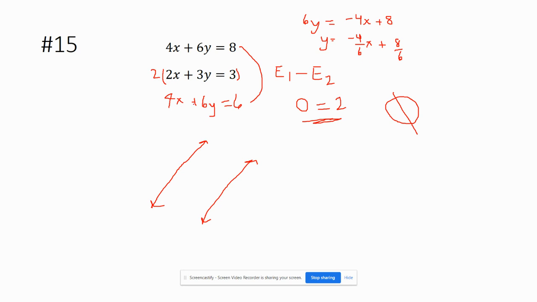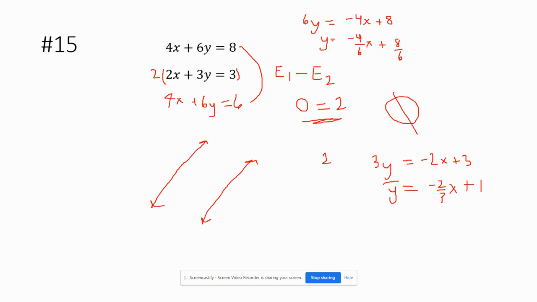Because if we do the same thing with the other equation, we'd have 3y. If we subtract 2x on both sides, we get negative 2x plus 3. And now if we divide both sides by 3, we get negative 2/3 x plus 1.